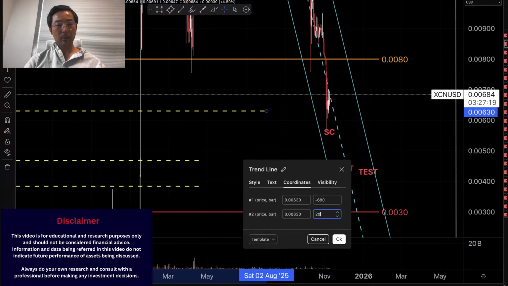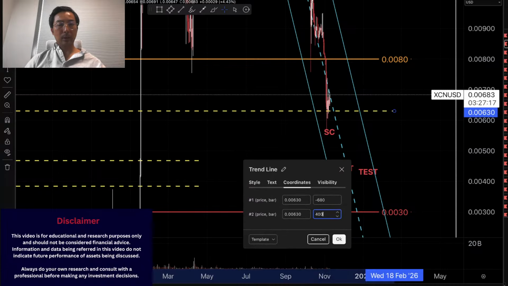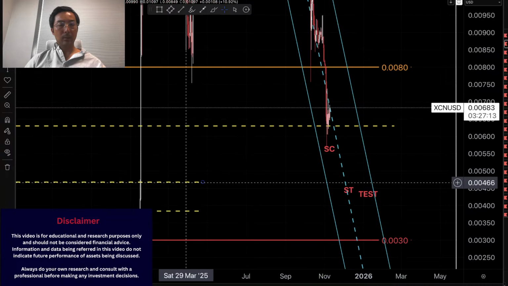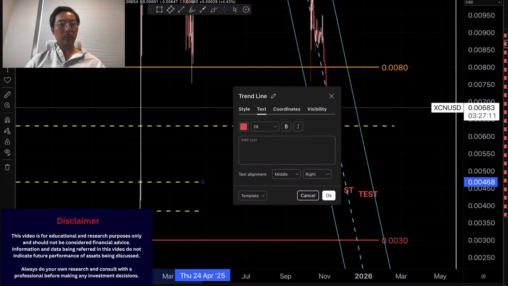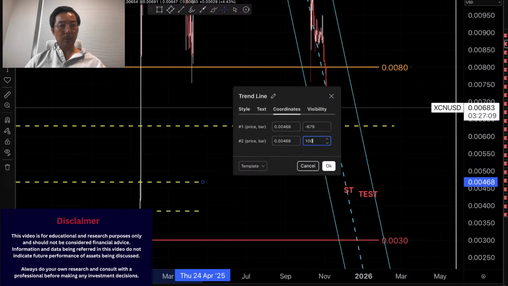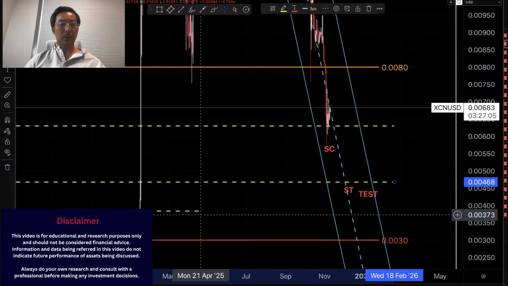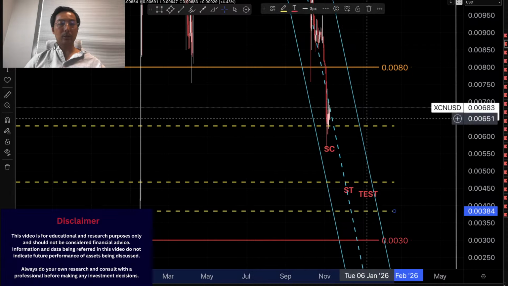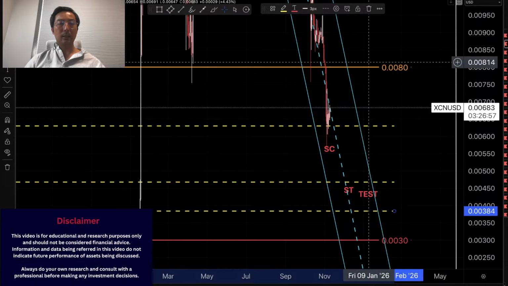We need more. Let's put 4. Okay, that's where I want that to get to. And you can see that immediately. The point that the price is currently finding support, you can say it's coincidental or the lines work, is exactly where the first yellow dashed line is sitting around.